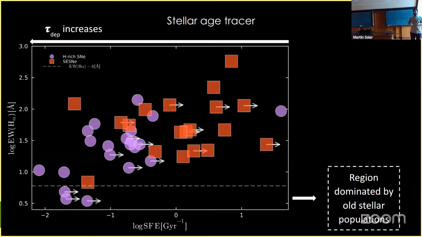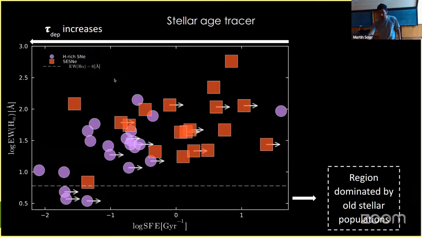The whole stellar population contributes to the continuum. So basically it's a ratio of H alpha and the continuum. H alpha is massive stars, continuum is the whole stellar population. If it is higher, it should be associated with a young stellar population. If it is low, it should be associated with an old stellar population.